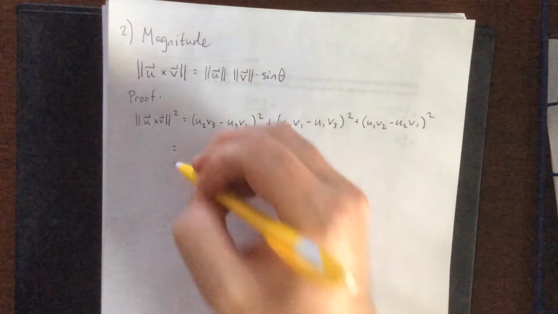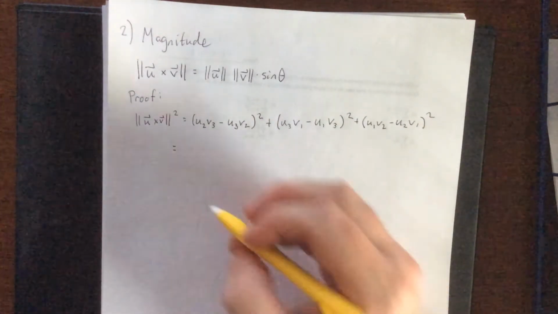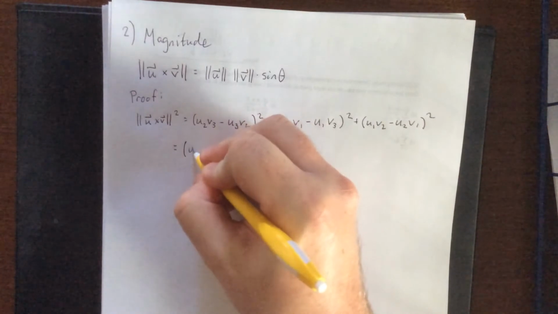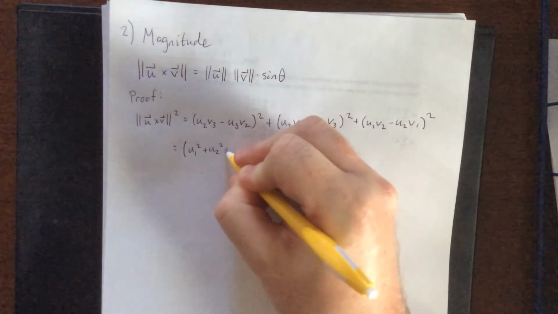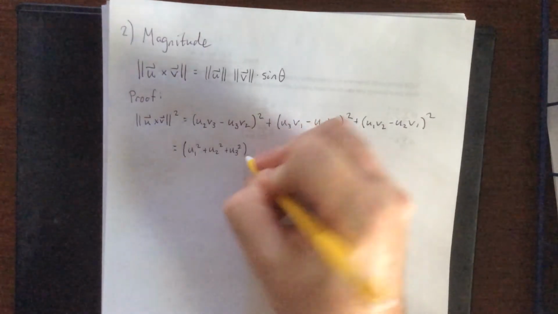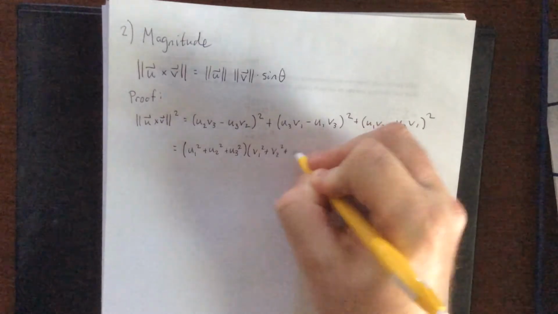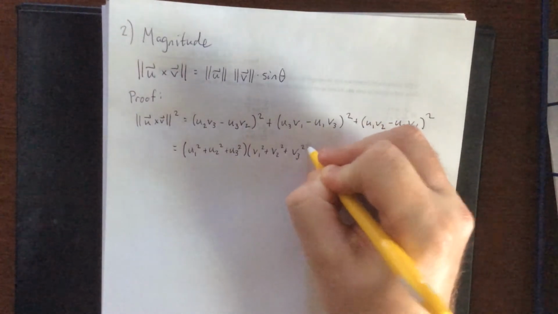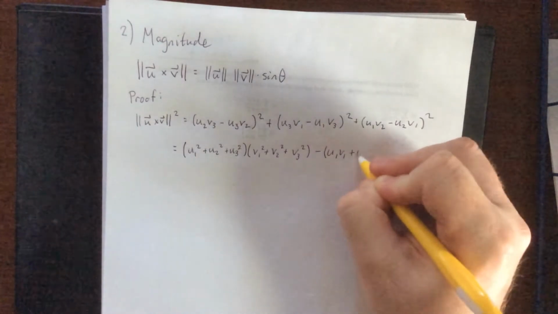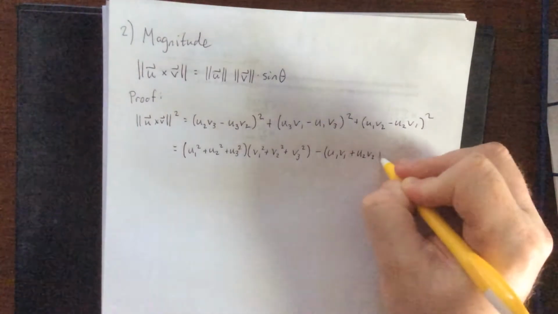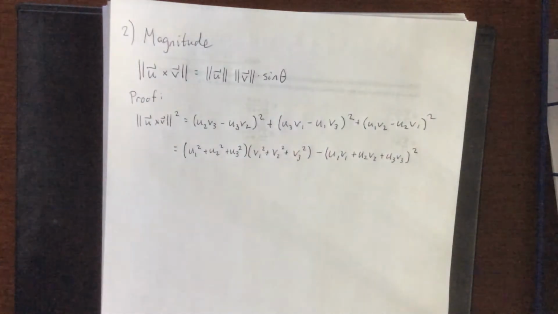So what I'm going to let you know is that if you were to expand this thing and then refactor it in a very special fashion, you would arrive at the following. u1 squared plus u2 squared plus u3 squared times v1 squared plus v2 squared plus v3 squared minus u1v1 plus u2v2 plus u3v3 quantity squared.